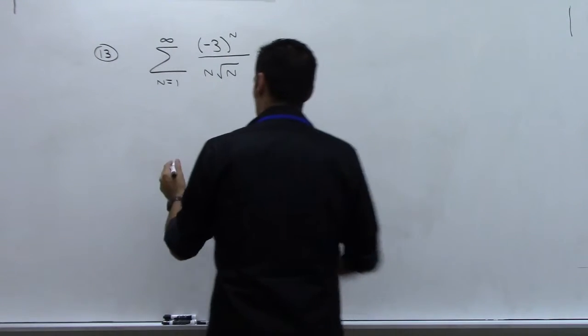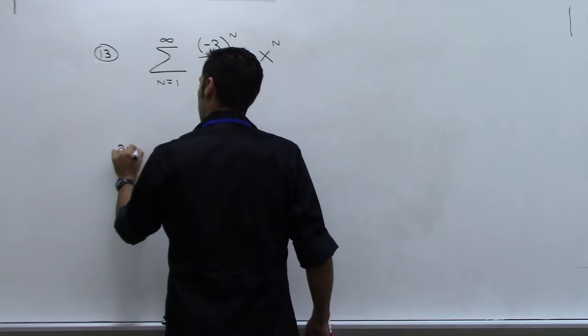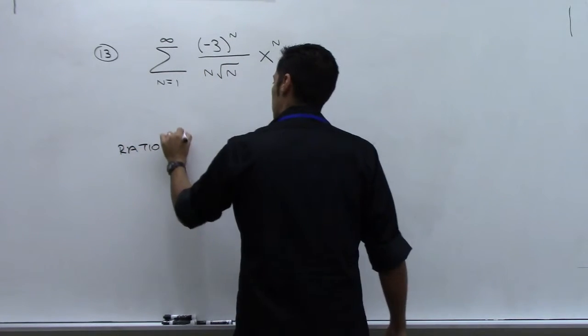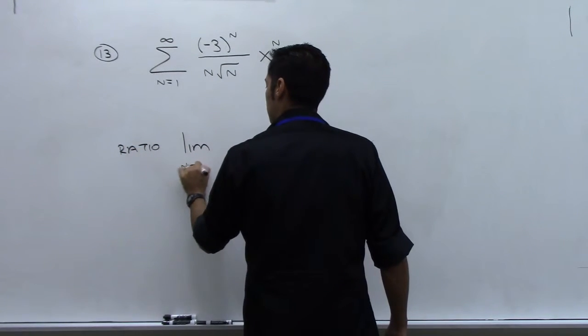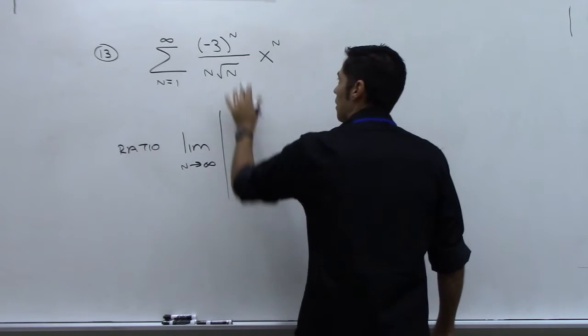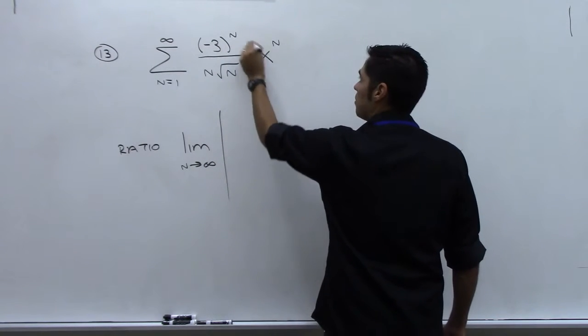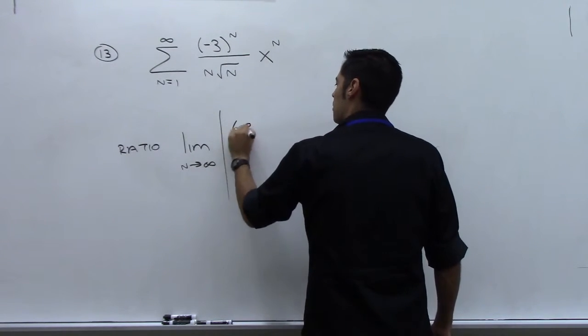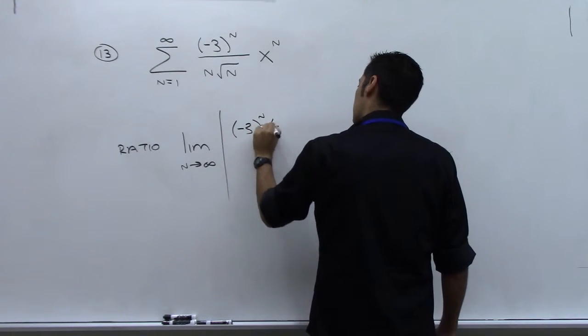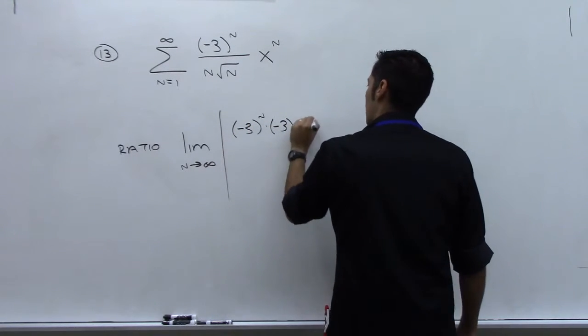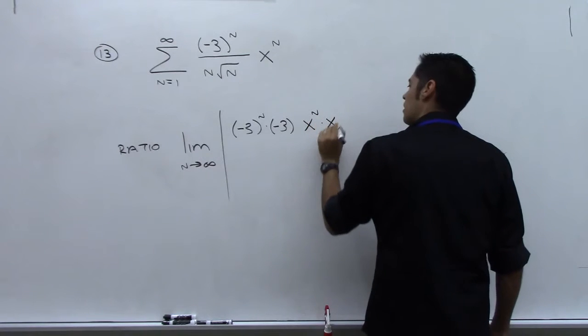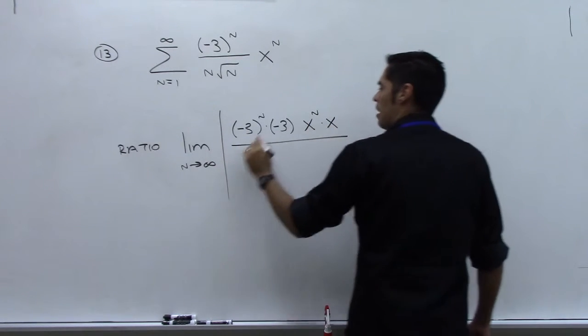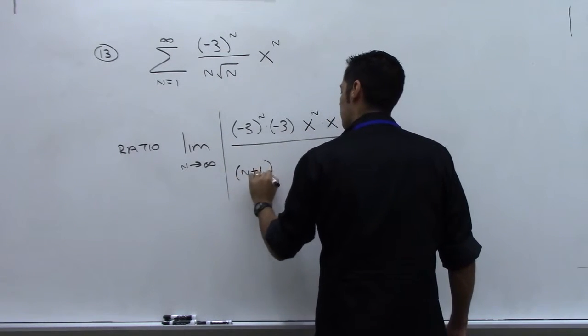I'm going to do my ratio test here. So limit n goes to infinity. All right, n plus 1s, remember this is really up top. So that's negative 3 to the n times negative 3 to the first power, and then x to the n times x over the denominator with n plus 1 plugged in.